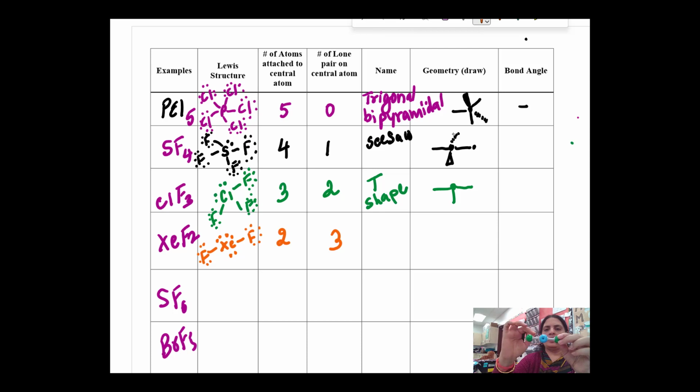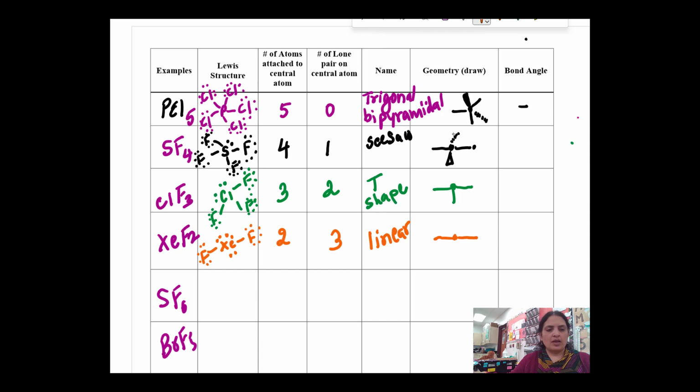There are 3 lone pairs which are all around here, so they move the bonds into a straight line. So this is linear. Molecular geometry is linear, and if you want to draw the molecule, it's like that.